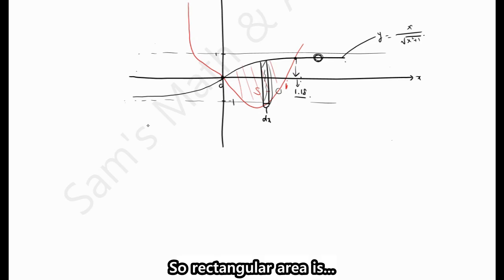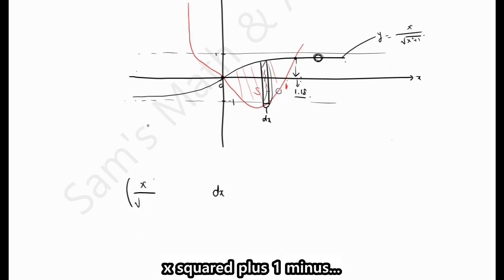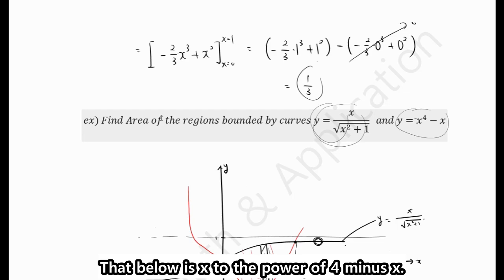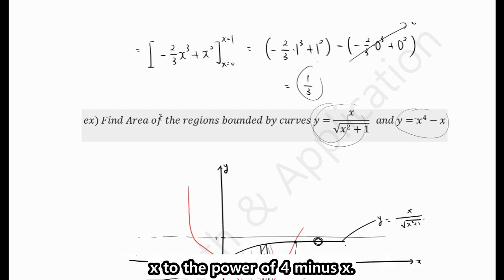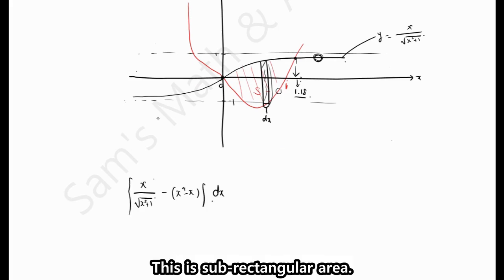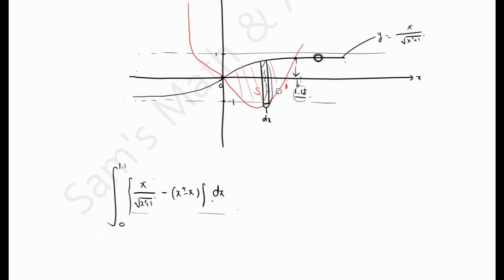So the sub-rectangular area is the base dx multiplied by x over the square root of x squared plus 1 minus x to the power of 4 minus x. This is the sub-rectangular area. So we sum the sub-rectangular areas from 0 to 1.18.